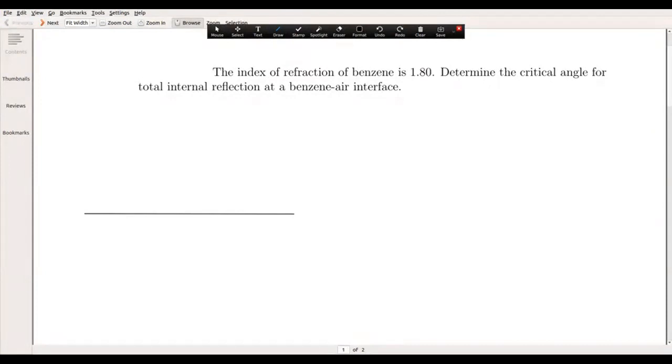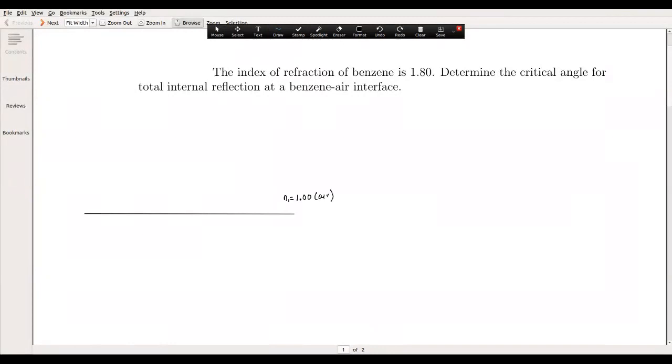and let's say on one side we have air. So N1 is equal to, to three sig digits, one, and one is pretty much one as far as it's air, up to about four or five significant digits. So that's air.